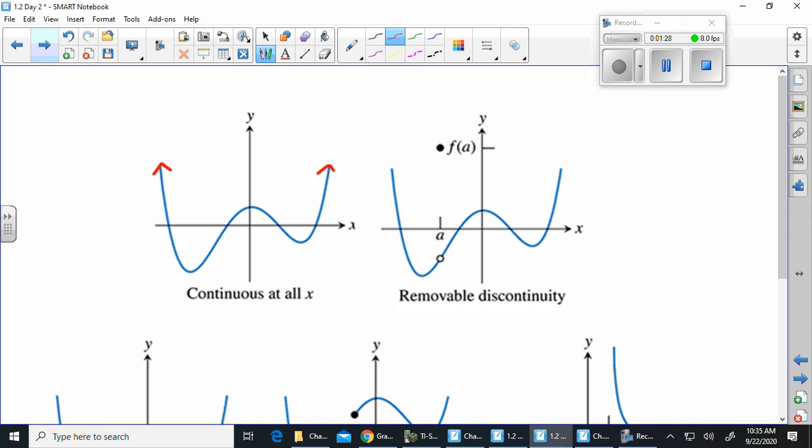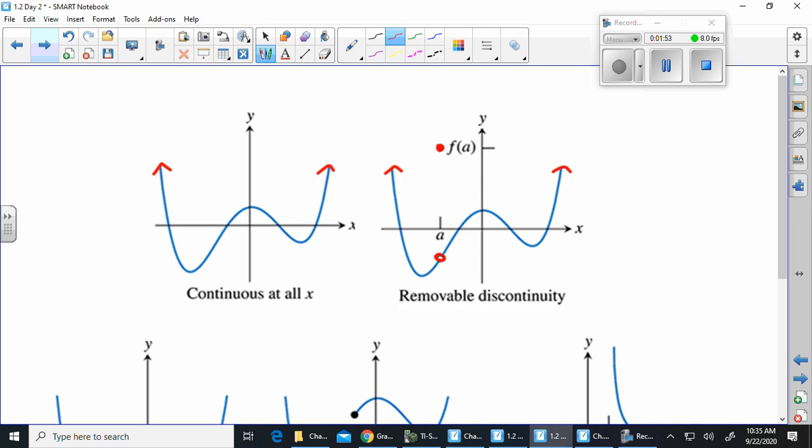Now, if you look at the second one, which is a removable discontinuity, there is a break, but it's sort of like this point is up there instead of in the graph. It's not continuous at A. Now it's continuous at all other places.